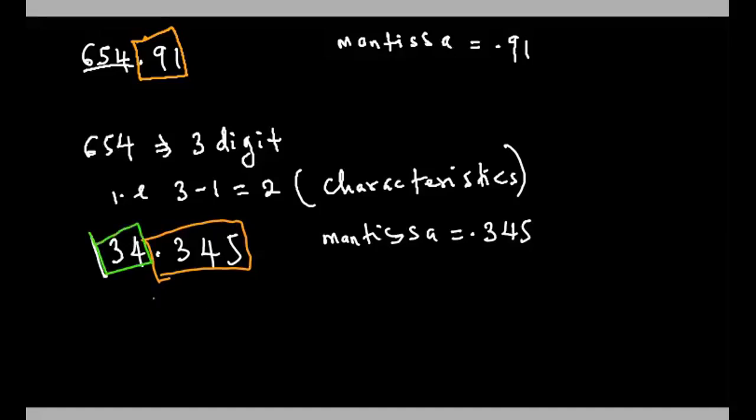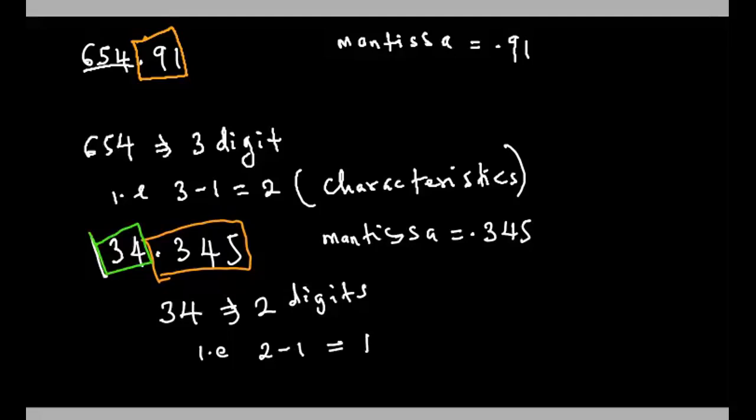So 34 is the whole number. We write it out, we have 34, which implies the whole number has 2 digits. So I'll just do minus 1, 2 minus 1, which gives us 1.